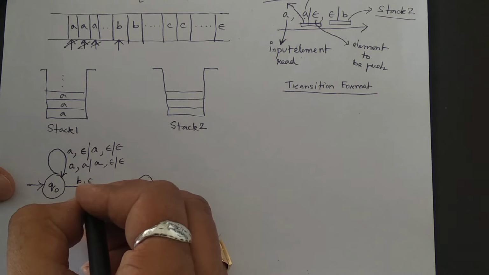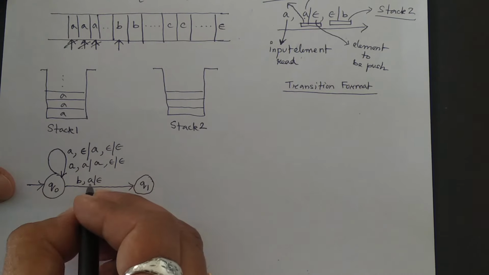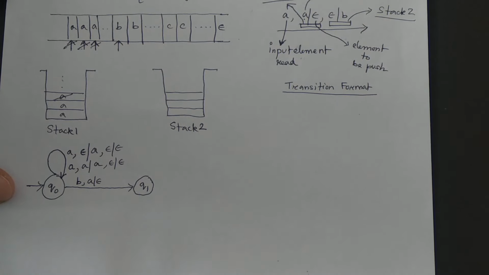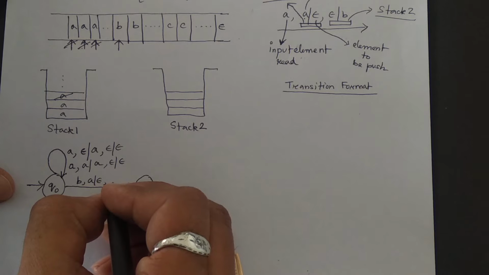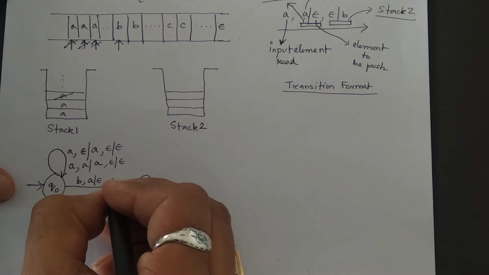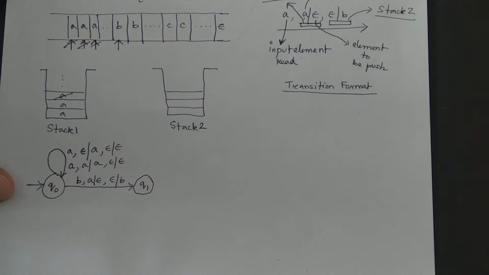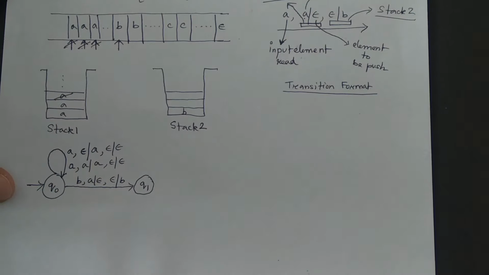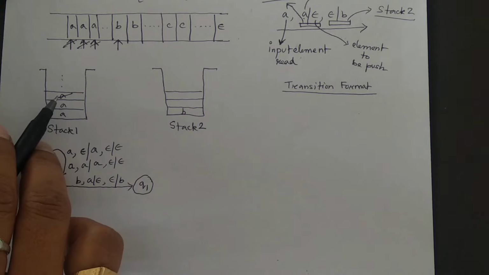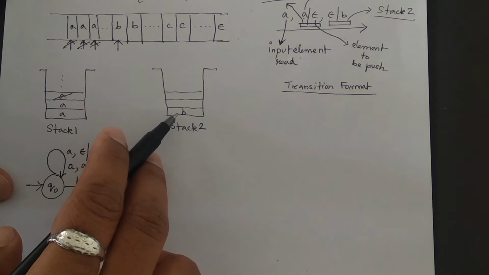What is to be pushed? Nothing to be pushed, epsilon. This means A will be popped on seeing the first B. And in the second stack, the top of the stack is epsilon. What is to be pushed? B to be pushed. Clear? So top of the stack is eliminated and B is also pushed into stack number 2.